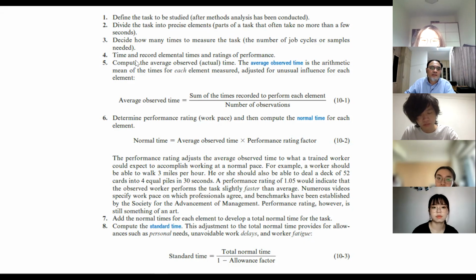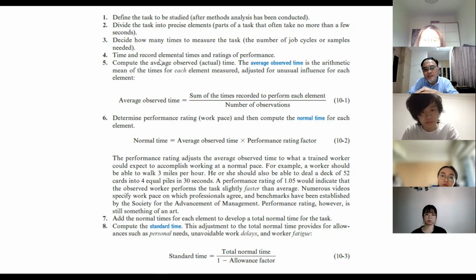So you have to time, which means you have to have a stopwatch, or a watch that can measure time. Number 4 is time and record the elemental times. Ratings. Here you introduce rating. That's why it is done by someone who is trained. When we say rating, we are actually giving our judgment.